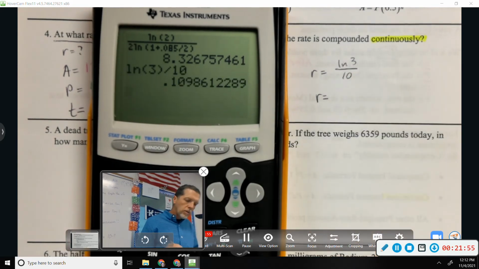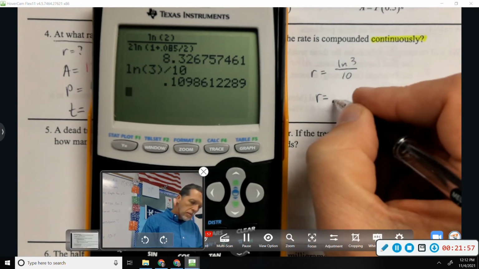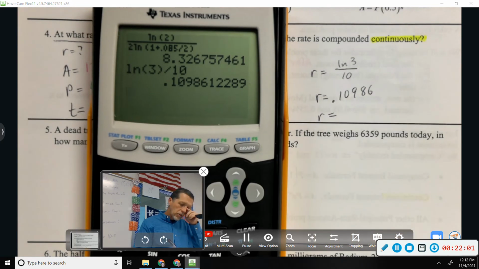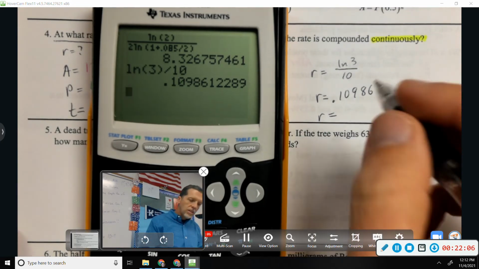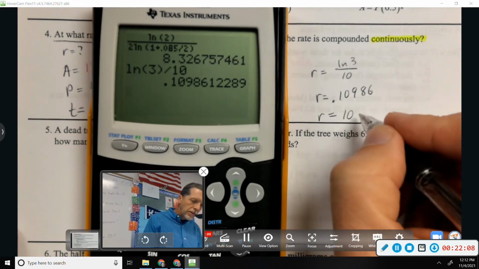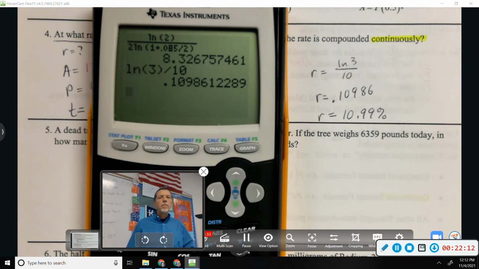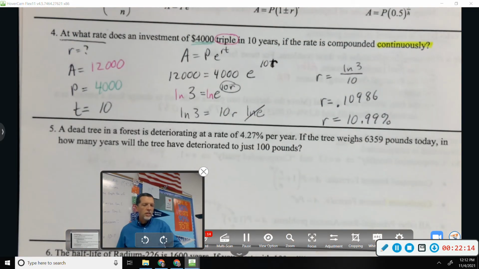So r equals 0.10986. But if I want that as a percentage, probably 11%, or you'd be rounding it to 10.99%. And it didn't specify how many decimals, so.